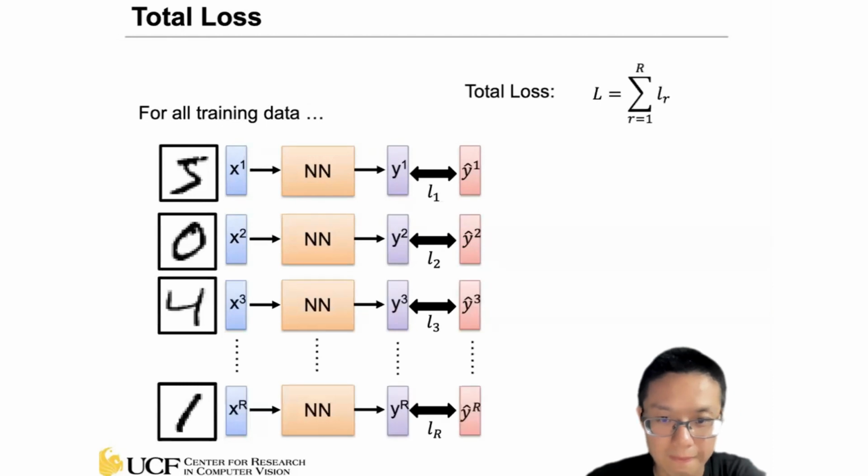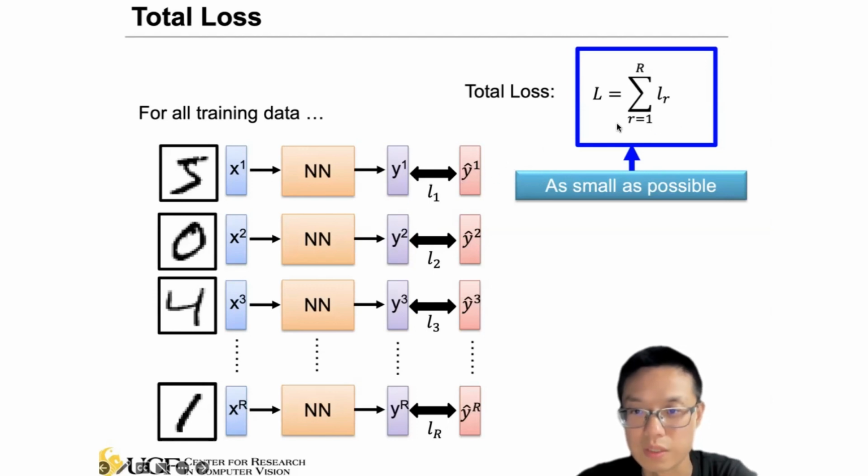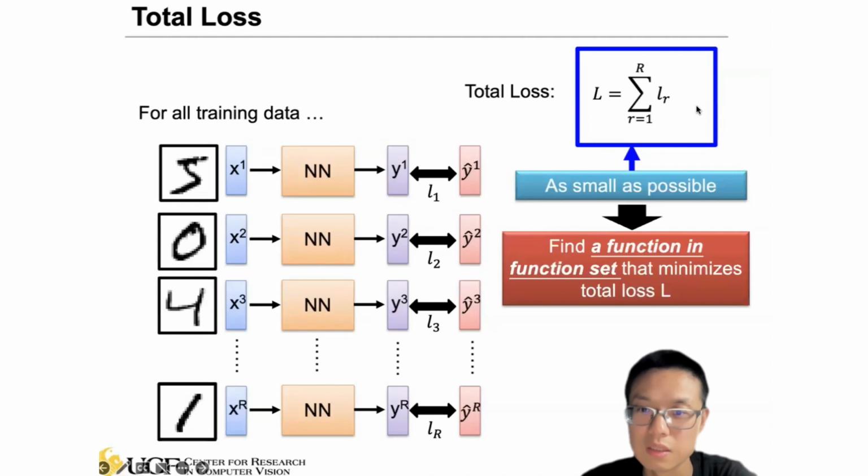Okay, so here is an illustration. We input all these different training data into this neural network, generate the predictions and compare with the ground truth. We can have individual losses, then we can sum them together. If we're using this squared loss, we can sum the loss from all the samples, and we want to make it as small as possible.